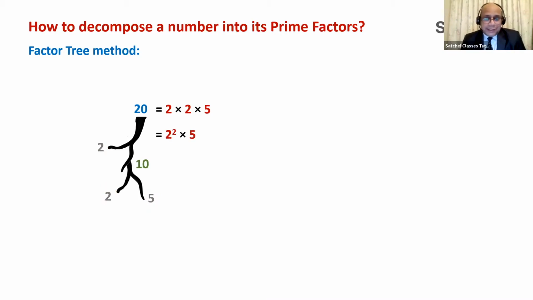Now what is interesting is you could have broken down 20 in any other way in the initial breakup, and still you would have ended up getting the same answer. For example, in this case, we broke down 20 as 2 times 10. What if we break down 20 as 4 times 5? Would you end up getting the same answer? Let's see. As you can see, when I break it down as 4 times 5, 5 is a prime number, so we don't touch that branch of the tree. But 4 is not a prime number, so we can break down 4 further as 2 times 2.